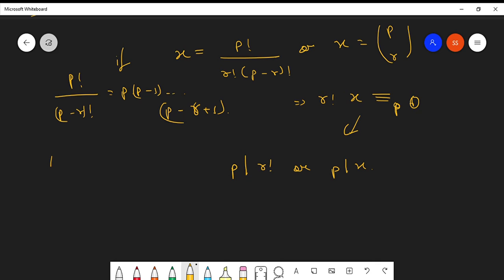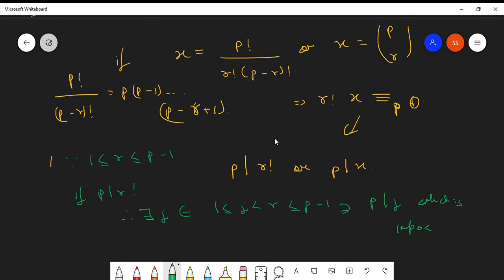Now carefully notice that since 1 is less than or equal to r less than or equal to p minus 1, if p divides r factorial, then there exists some j such that 1 is less than or equal to j, which is less than or equal to p minus 1, such that p divides j, which is impossible.